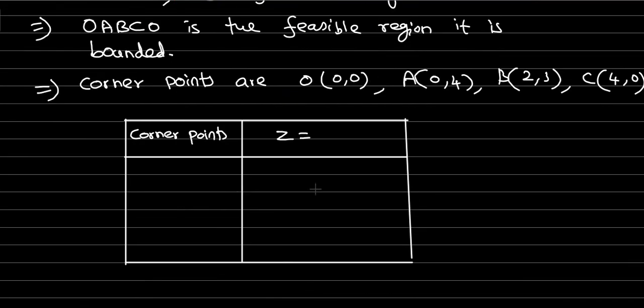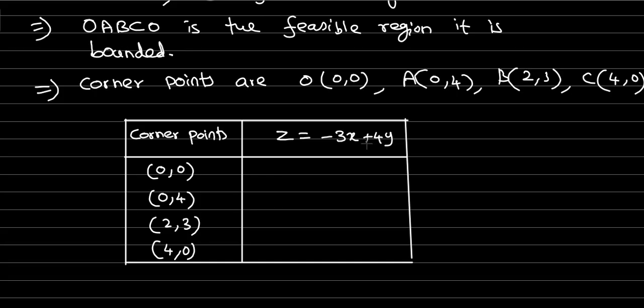So the corner points are 0, 0; 0, 4; 2, 3; 4, 0. Let's substitute one by one.